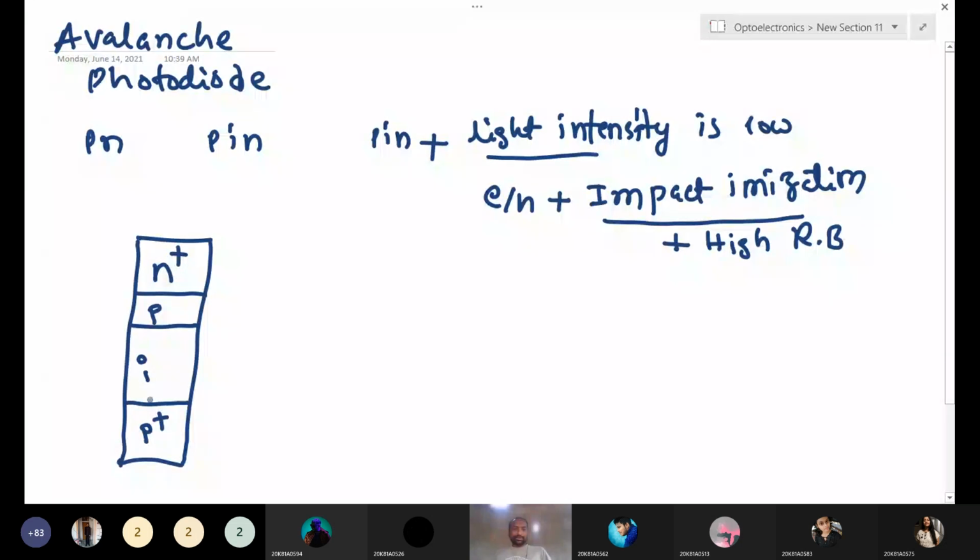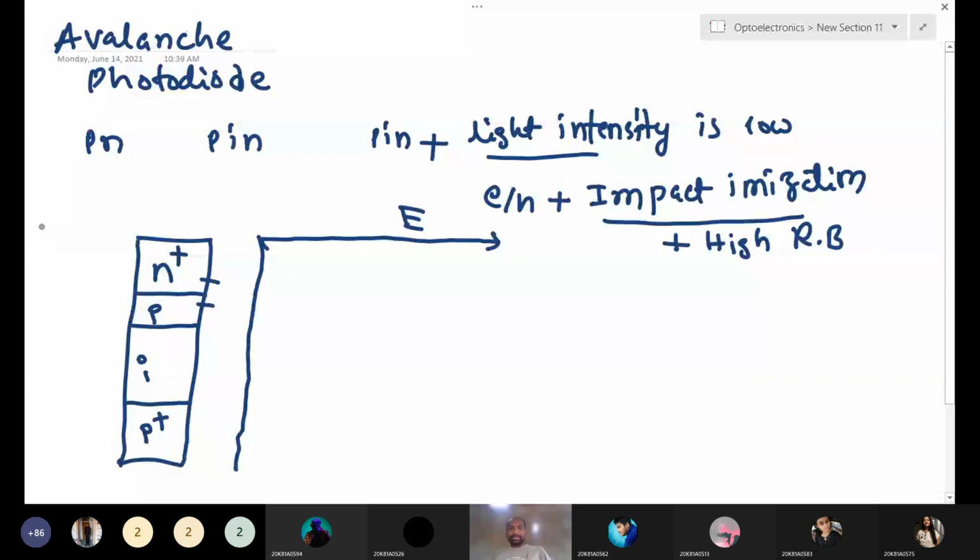In this depletion region, this space charge region, which is just like an N plus P junction, some PN junction only, we have a high electric field. Why do we have a higher electric field? Because we are highly doping. If doping increases, the electric field also increases.